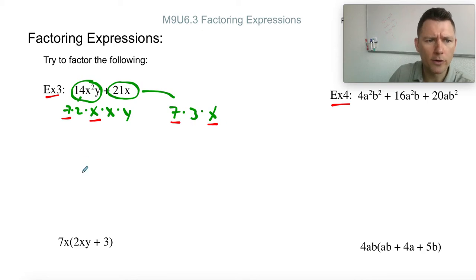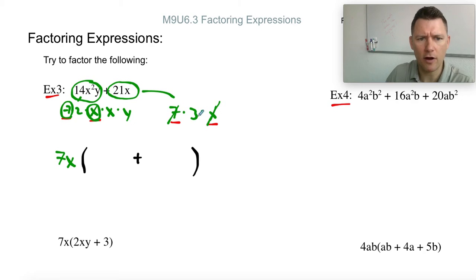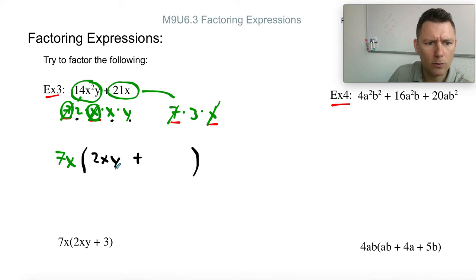So we're going to put our parentheses up, put our plus sign in, and pull out all of the common factors. I'm going to pull a 7 and an x out of both of these, right? 7x. I'm going to maybe cross them off, if you like. And then what's left inside is the 2x and y for this one. 2x, y. And what's left here is the 3. And so this is the factored form.